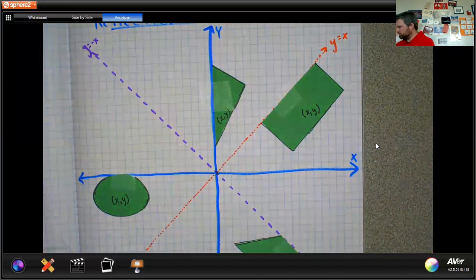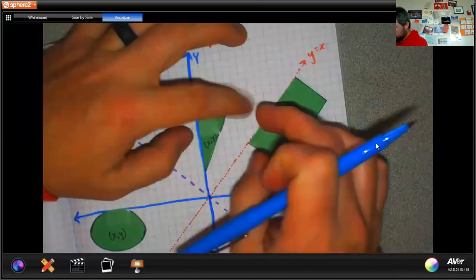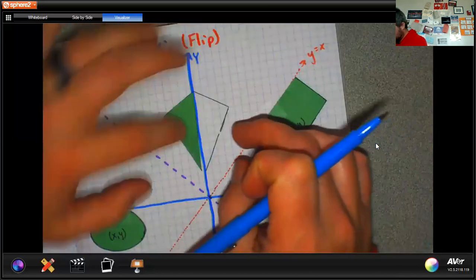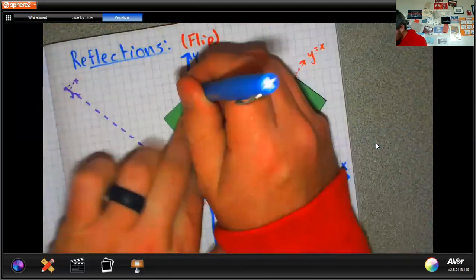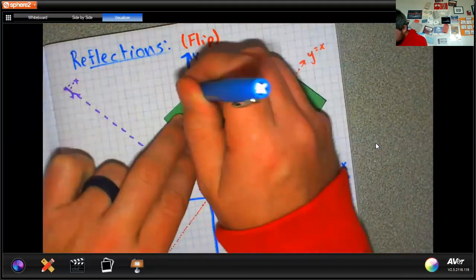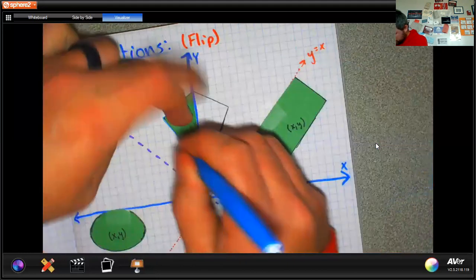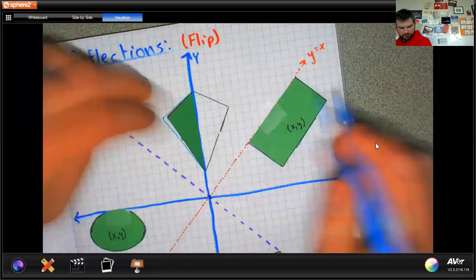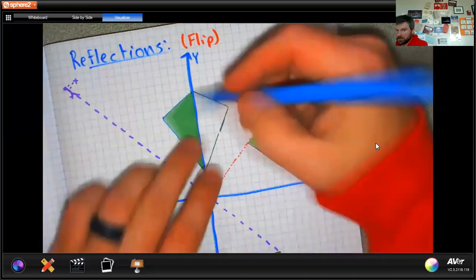So what we're going to do is we are going to flip them or reflect them, and I'm going to retrace them. Okay, so if I take this triangle here and I flip it again, try to make sure it lines up here, we're just going to retrace it the best that we can. And when we flip it, don't write anything over here yet.